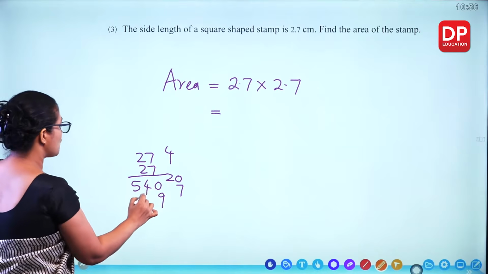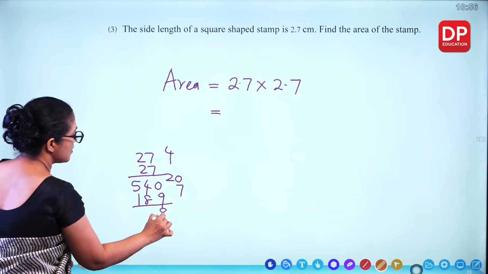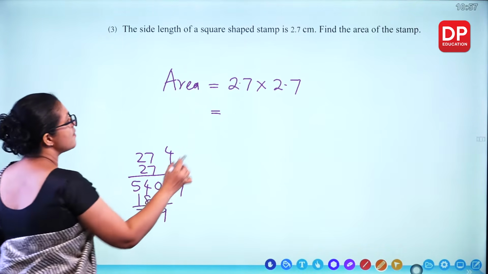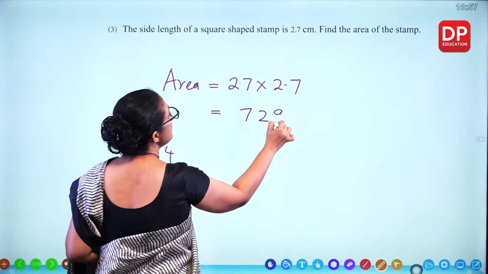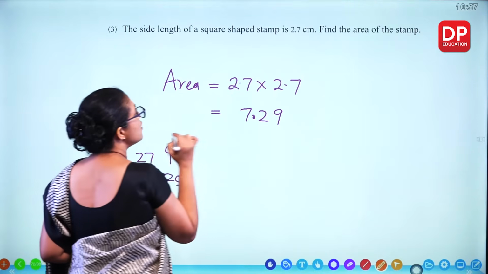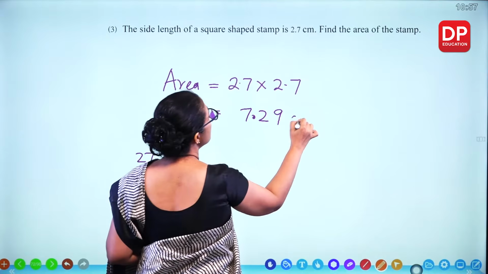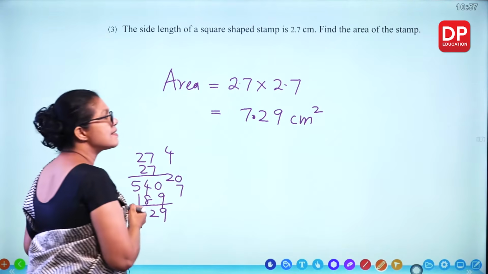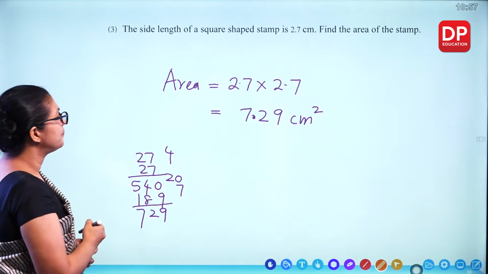And 14 plus 4, 18. 729. 2 places you have to keep. 7.29 square centimeters is the area of the stamp.